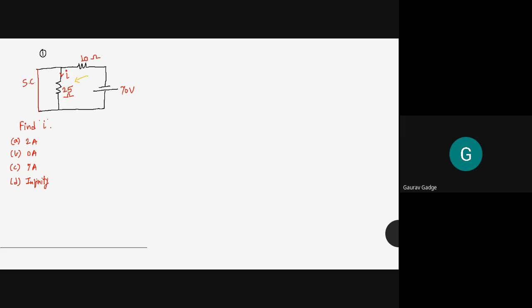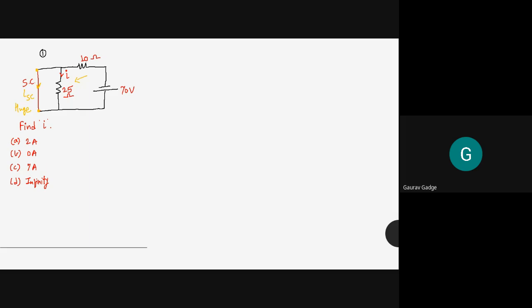Okay, so guys, in this particular branch, there is a short circuit. When we have a short circuit, it means very heavy current passes through this particular branch, right? So the short circuit path is the path of current, and that current is called short circuit current, which is very high.